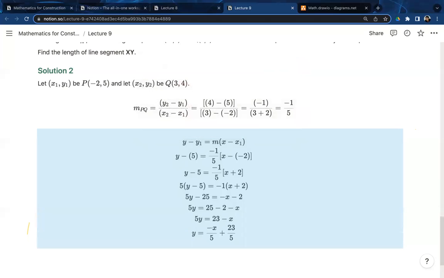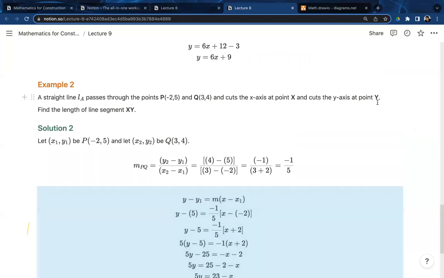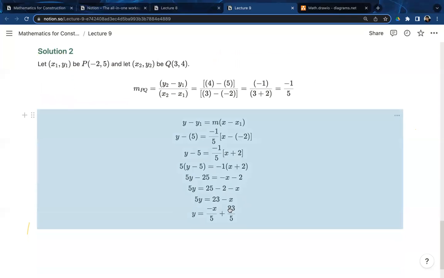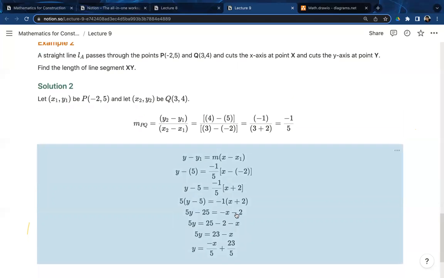You all got this? Yeah. So the y-intercept, which is the y value of the point y, is this 23/5, right?